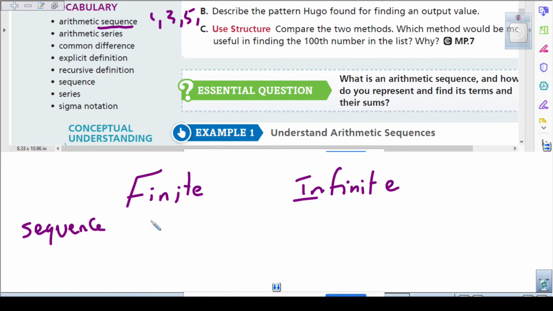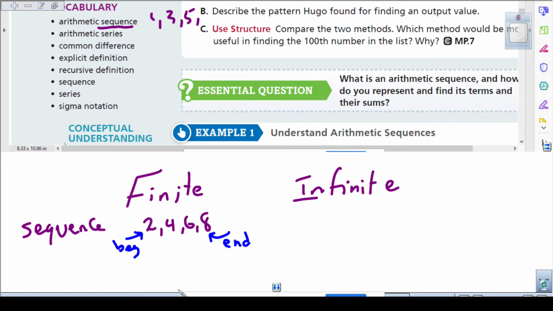For example, if I wanted you to do this sequence here, 2, 4, 6, and 8. That's it. I'm not going to do any more. Meaning I have a beginning and I have an end here. My first term is at this location. My last term ends at this location. So I know the beginning and end. That's why it's finite. It's limited.